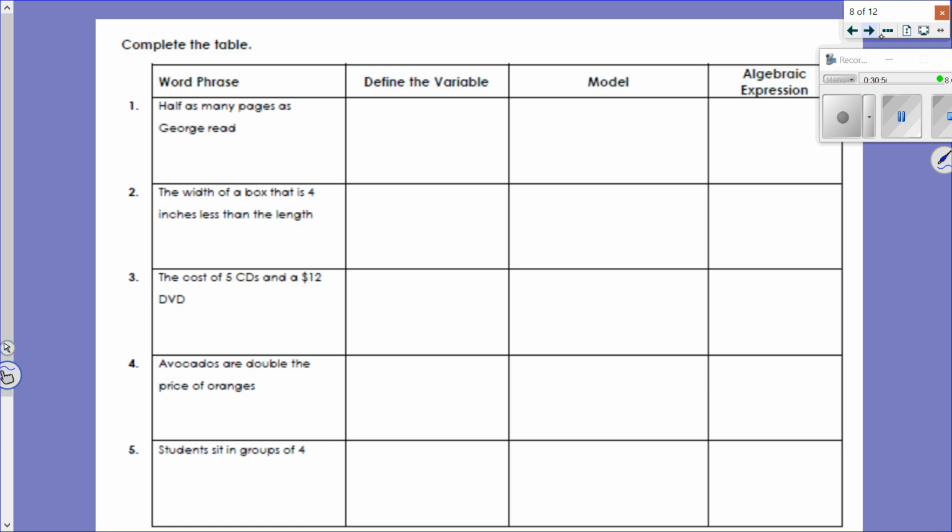We're going to give you guys an example and then let's set you free on this piece. So our first part, again, marking our text is important. Half as many pages as George read. So what's my variable? What is it I don't know? The amount of pages George read. Good. So X is number of pages George read.